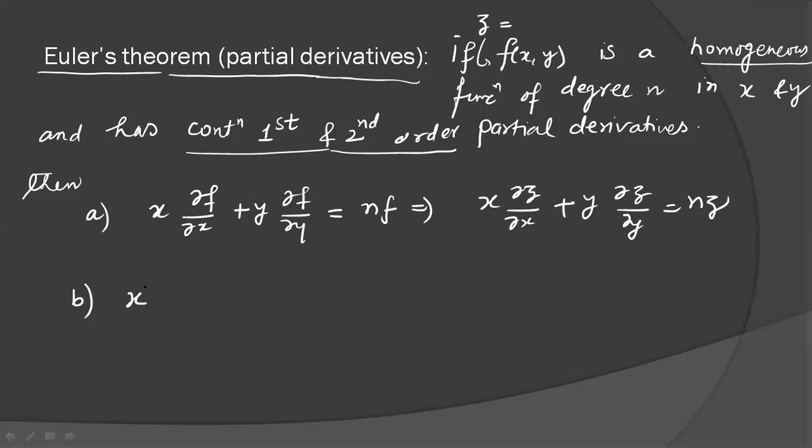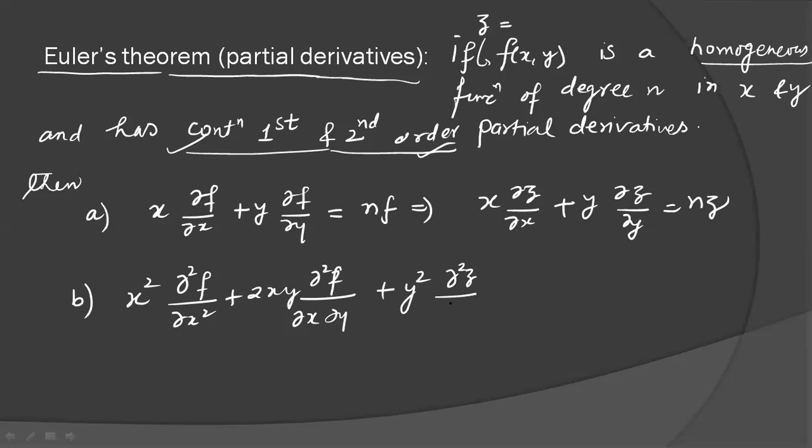And the second result is x square del 2f over del x square plus 2xy del 2f over del x del y, or del y del x you can write, because we are taking continuous second order derivatives, which means the mixed derivatives will be equal over here, plus y square del 2f over del y square is equal to n into n minus 1 f, where n is the degree of the homogeneous function.